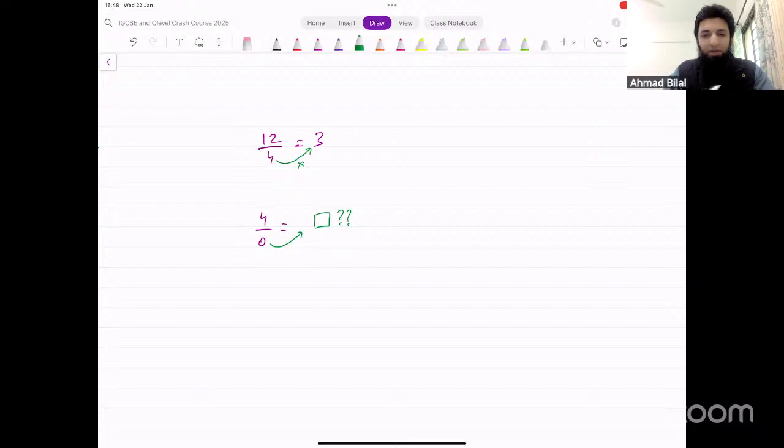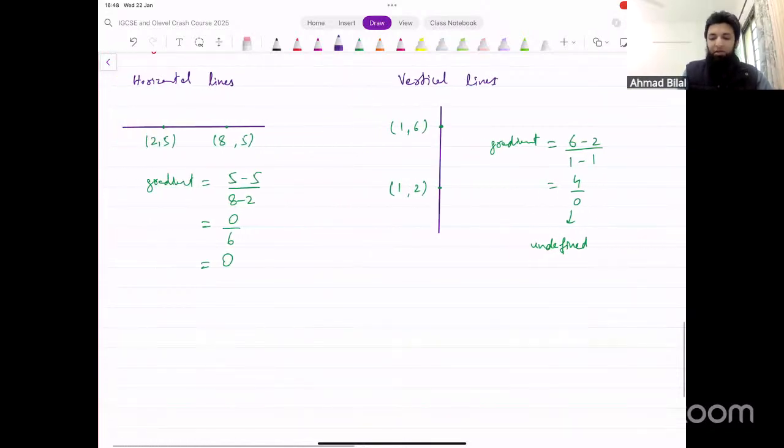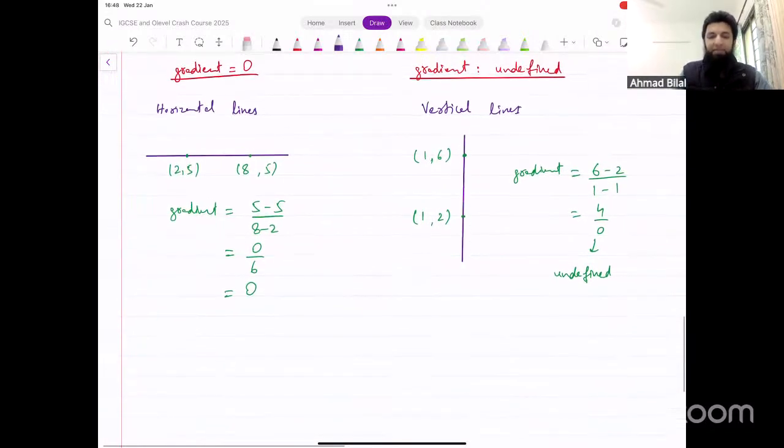You cannot multiply 0 by anything such that the result would be 4. So no such number exists. That is why we say this is undefined, right? Because division by 0 is not possible. Okay? There's no number that you can multiply by 0 such that the answer is 4. So whenever you have 0 in the denominator, this is undefined.